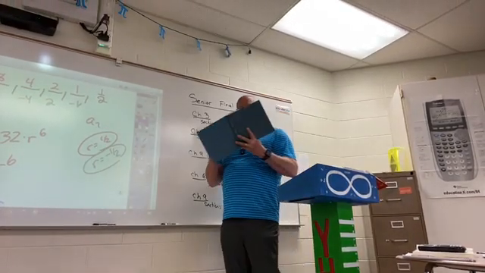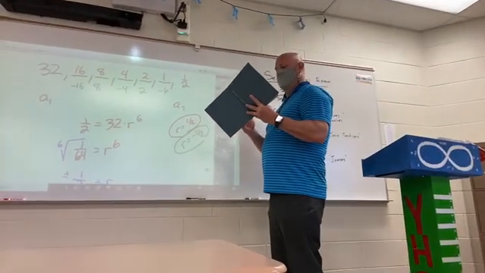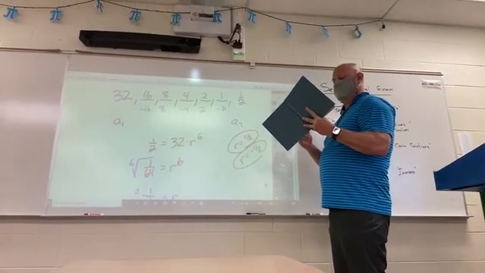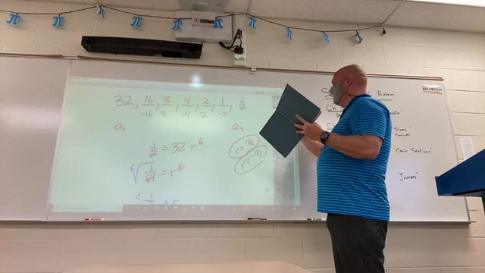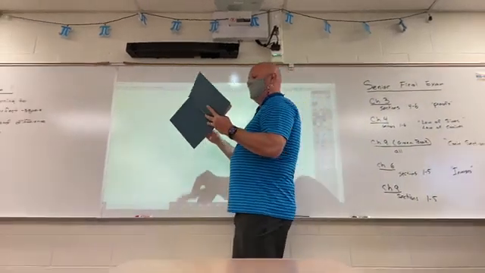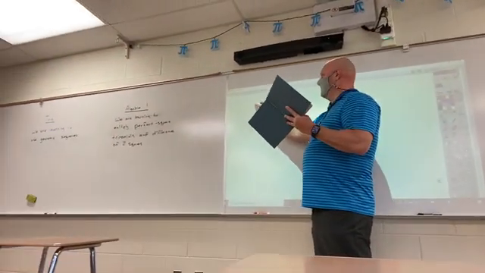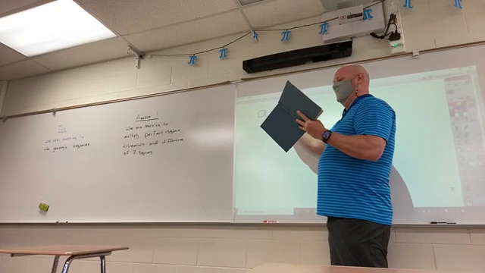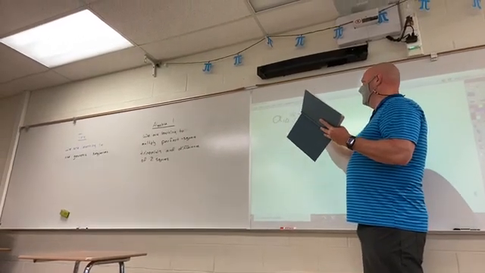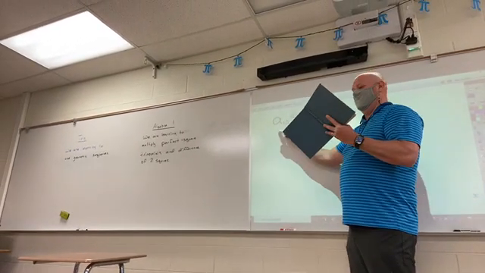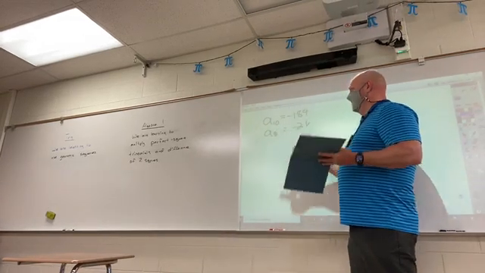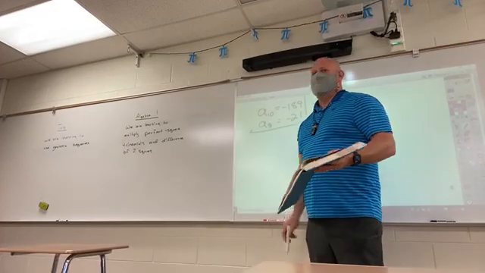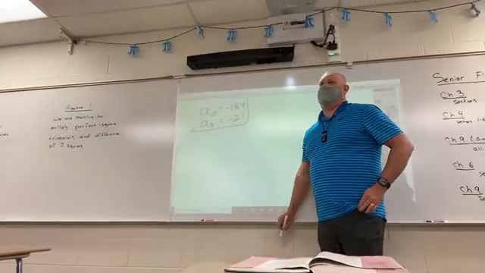Yeah. Let's try number 30. So they give us, I'm going to do it backwards. A sub 10 is negative 189, and they give us A sub 8 is negative 21. For all of these problems, what do we got to do?